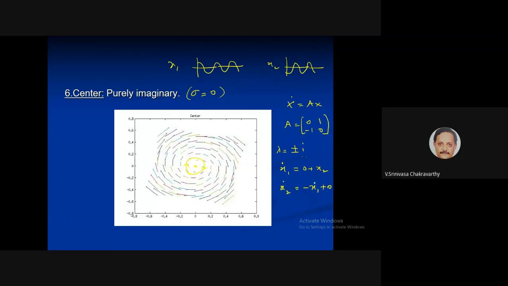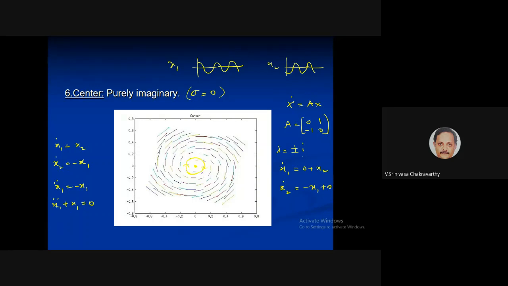So can you clean up these two equations and combine them into one equation? x1 dot is equal to x2, x2 dot is equal to minus x1. If I combine them, what happens? x1 double dot is equal to minus x1, or x1 double dot plus x1 is equal to 0.